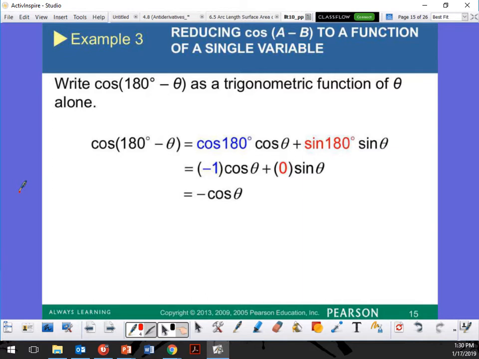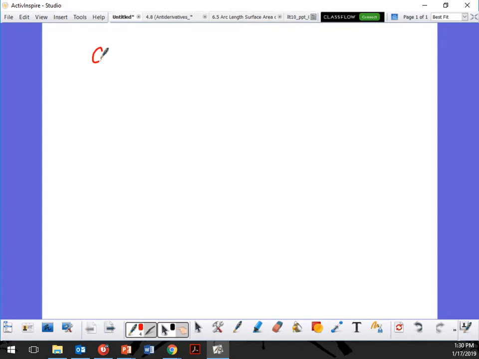So this is cosine of 180 minus theta, right? Say yes. Okay, so theta is some unknown value, right? Okay, so what we're going to do is go through and actually find what I can get from the information I know.